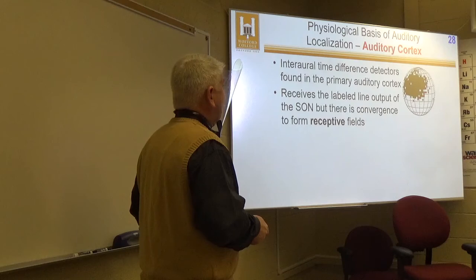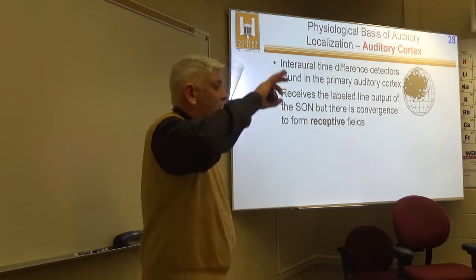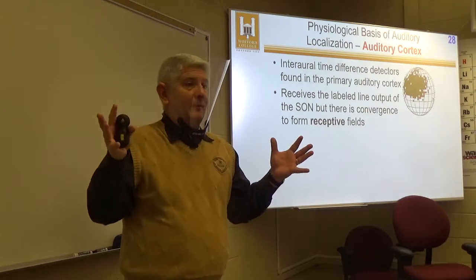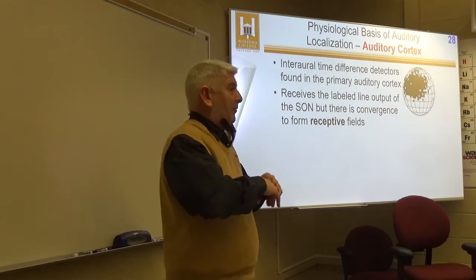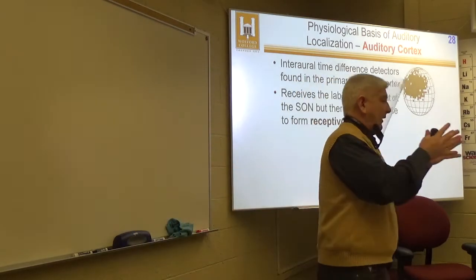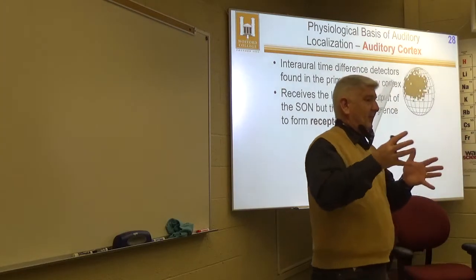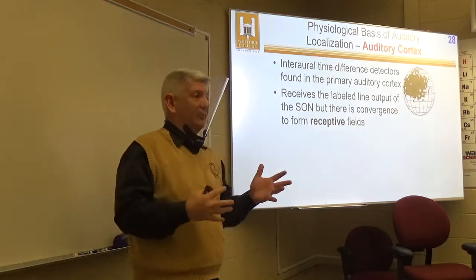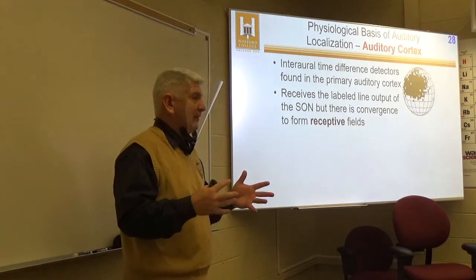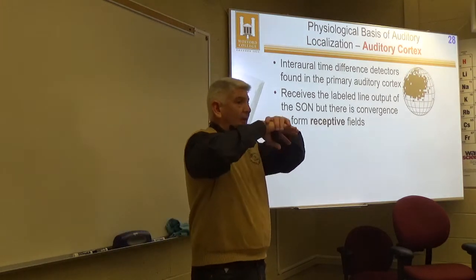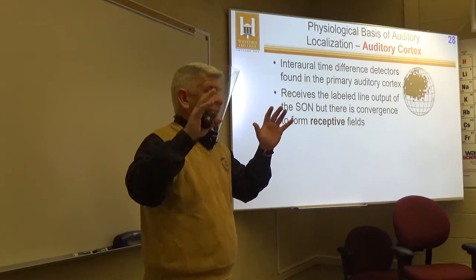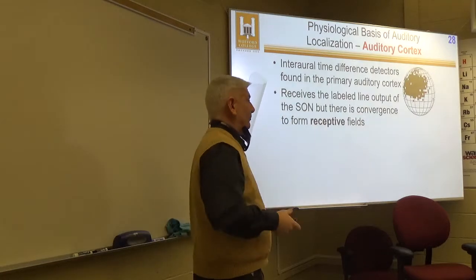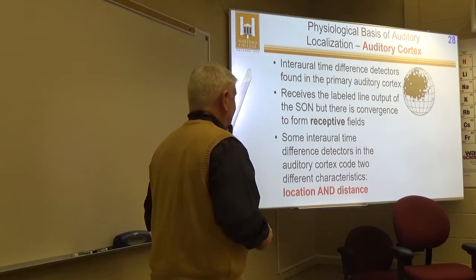And so we end up having these neurons that respond to areas out in our environment. It's not just like a 1 degree from left neuron and 10 degree from left. That's the way the superior olivary nucleus codes it, but by the time it gets to the auditory cortex, we have these groups of neurons converging to form a map, if you will, sort of a spatial map of where sounds are in the environment.